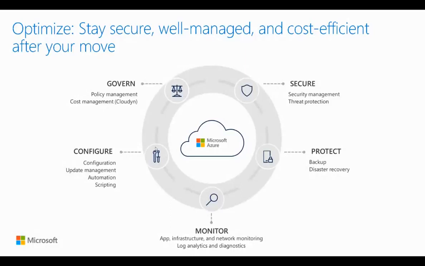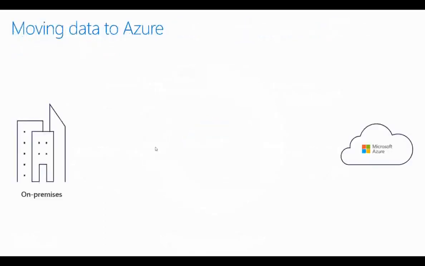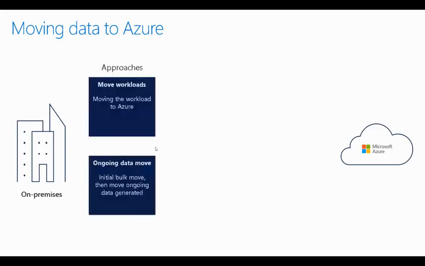Moving data to Azure has never been that easy because Microsoft not only gives you online options of transmitting the data, but there are offline Data Box services as well, which can help you transfer terabytes of your data from the on-prem to the cloud. You can move your workloads to Azure directly, ongoing data move, that is, you can have a live migration of the data and your data stored to cloud.